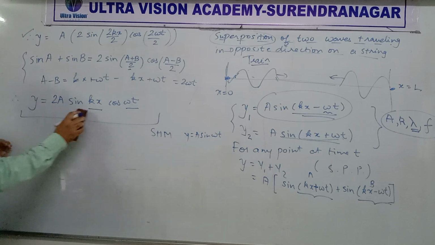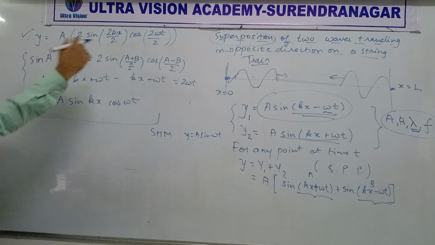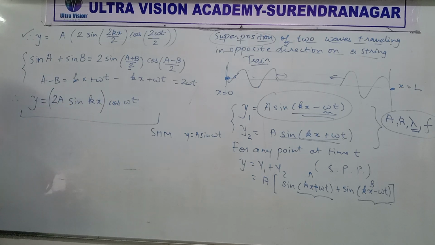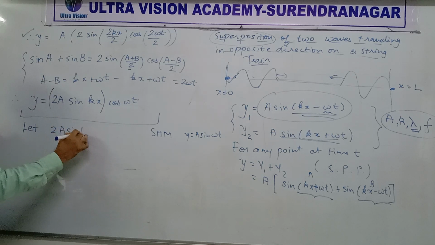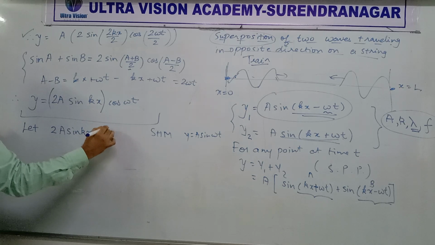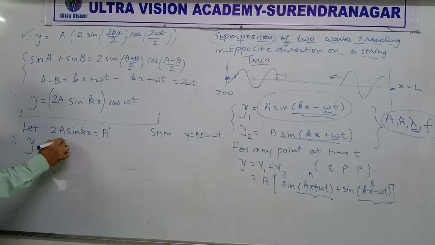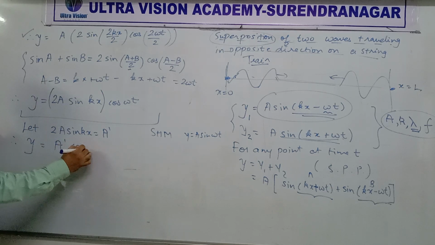But if you modify it, I mean, if you take this part together and write it as a dash. Okay, so let 2a sin kx be equal to a dash. Then y is equal to a dash cos omega t.